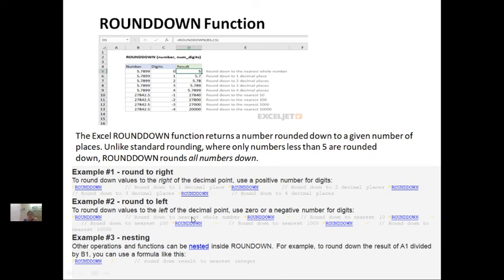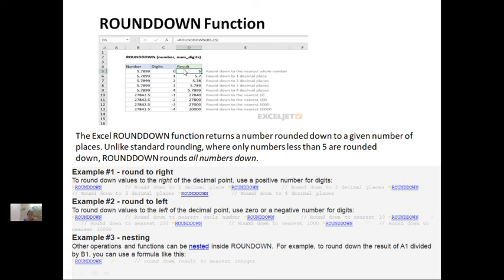The Excel round down function returns a number rounded down to a given number of places. For example, here, to round down values to the right of the decimal point, and to round down values to the left of the decimal point, other operations are like this. So this is a round down function, where only numbers less than 5 are rounded down.